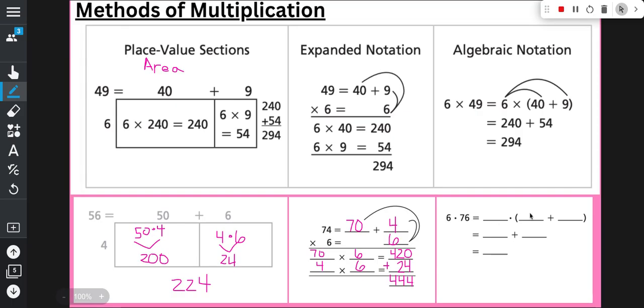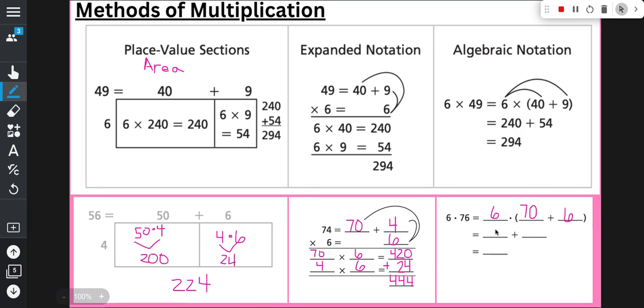What it's looking for is we're kind of breaking that problem apart now. The 6 doesn't need to be broken down, so it's going to stay a 6. The 76, though, we need to break that apart because working with 2 digits is a lot harder than working with a single digit and a 0 placeholder.